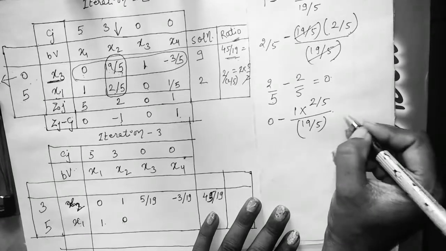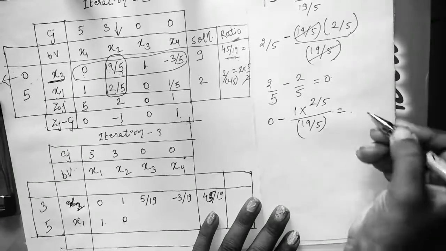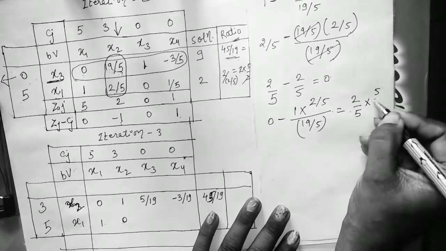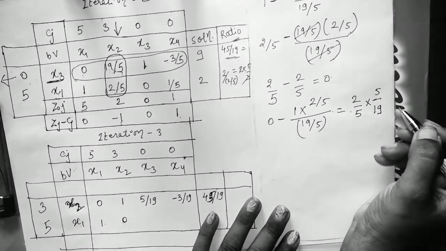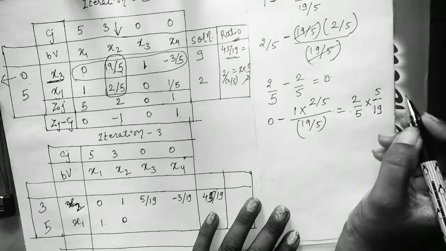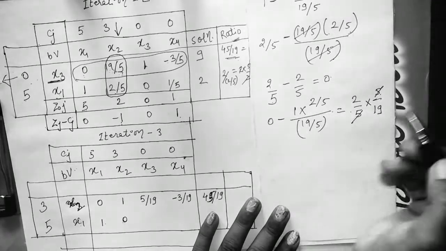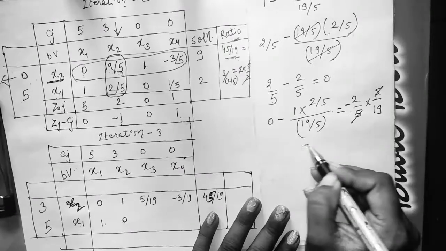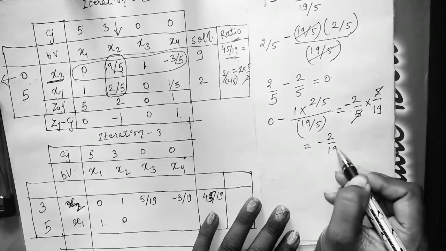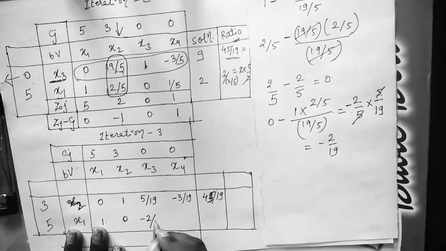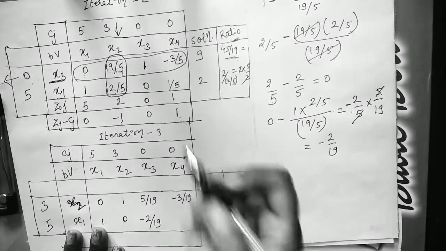So the value will be 2 upon 5 into 5 upon 19. So this will be minus 2 upon 19. So here we can write minus 2 upon 19.